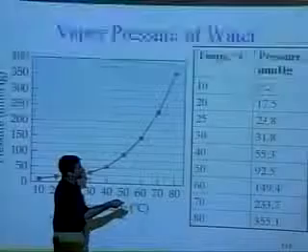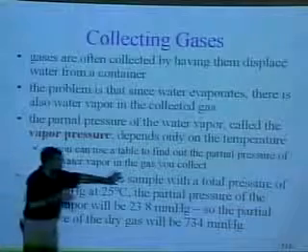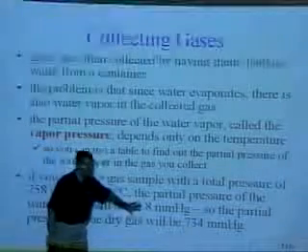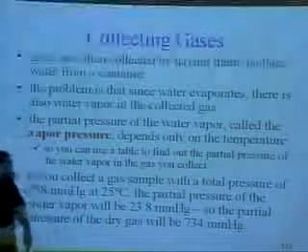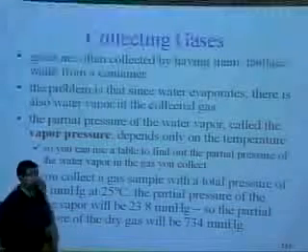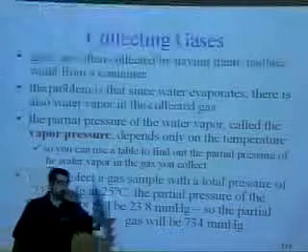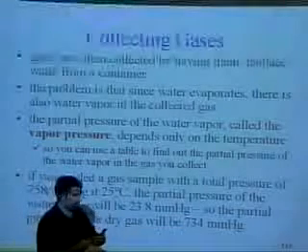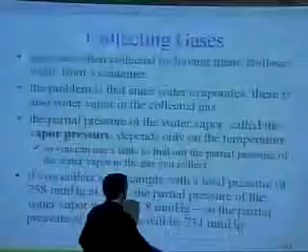So what that tells you is that if you want to find out the pressure just that's involved with the gas that you're dealing with, you got to subtract out that 23.8. That's all this is saying. So you would take 758 minus 23.8, consider your sig figs and that kind of thing, and you would get around 734 millimeters of mercury. So you're always going to subtract out a tiny bit due to the hovering water that you're using to collect this gas over. And just use the table to do that.